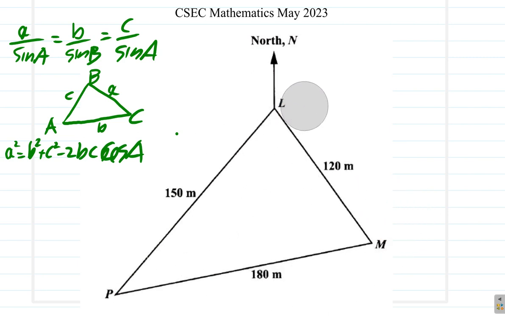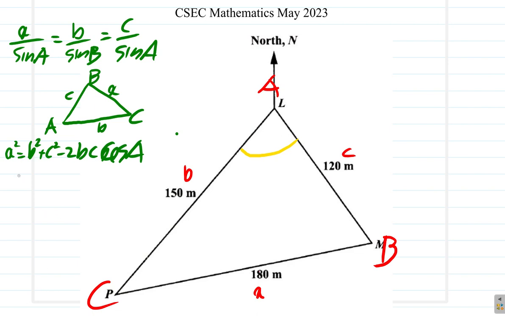Since this is in the form a squared and so on, let's call this our A. This is the angle we want. And let's say this is our a, this is our b, this is our c. This will be small a, small b, small c.